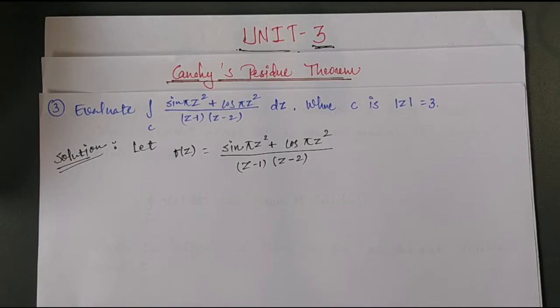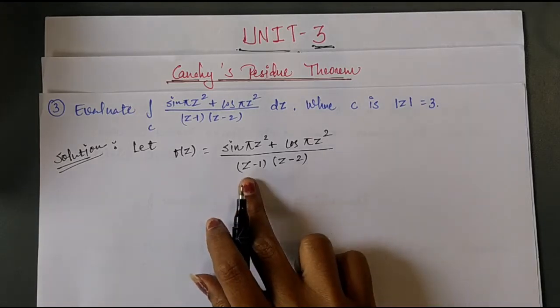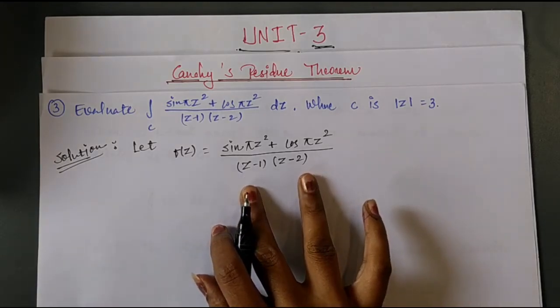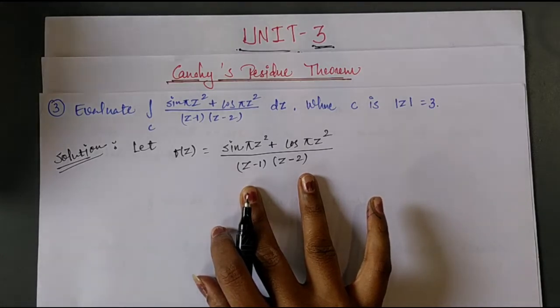As you can see here, it's given two factors, and both the factors have a single power. It means both factors are of linear form. So that's why it will be a simple pole.